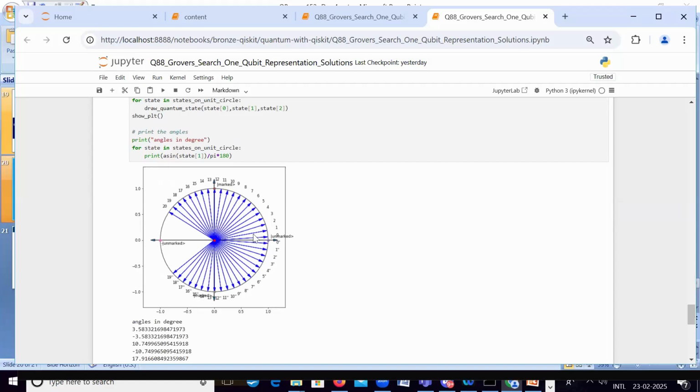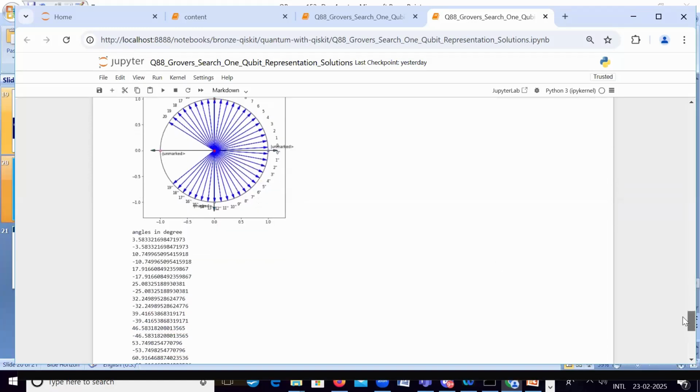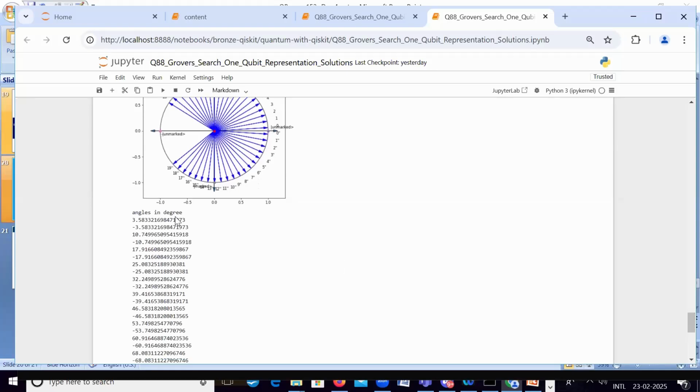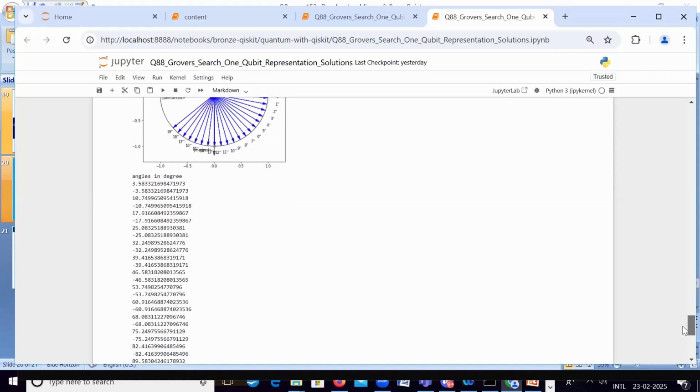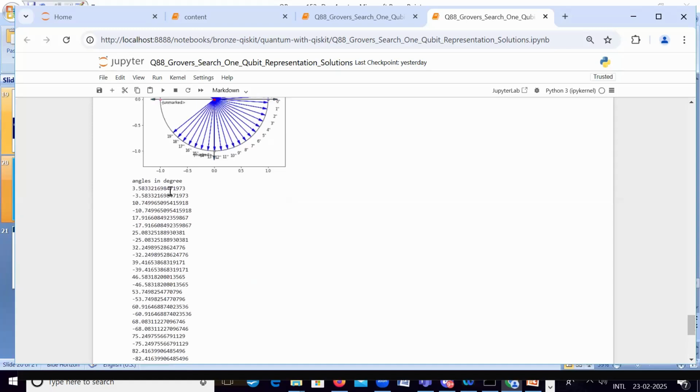As this representation is just like earlier, but the angle is being reduced here. And we can see the actual angle values. I skipped this one in the earlier one to show it here. Now here it is 3.58 and then 10.78, 17.8, and so on.